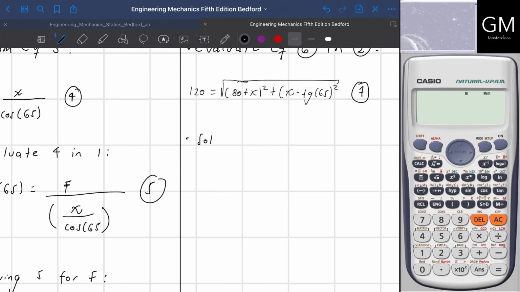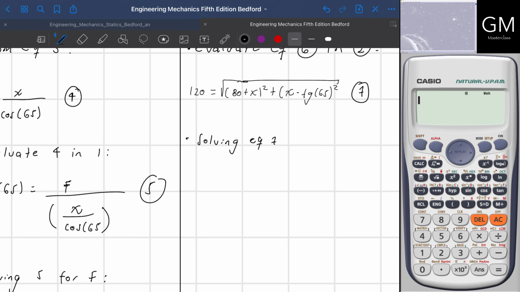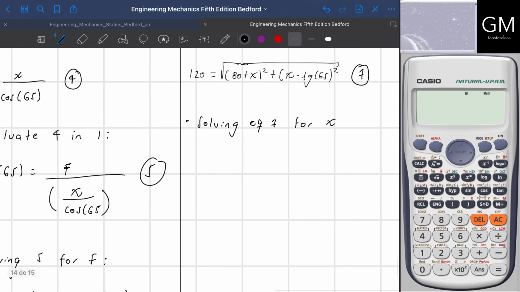Now solving equation number 7 for x. I'm going to write down the equation right here.